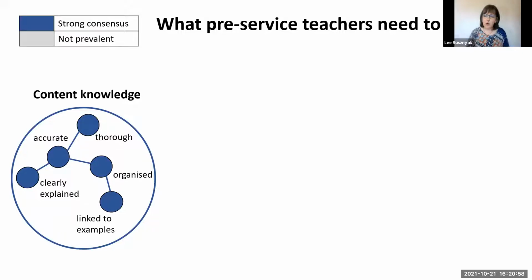And what was valued in terms of content knowledge? It had to be accurate, comprehensive, organized, linked to examples, and clearly explained by the student teacher. So that was one huge point of convergence over all these instruments.